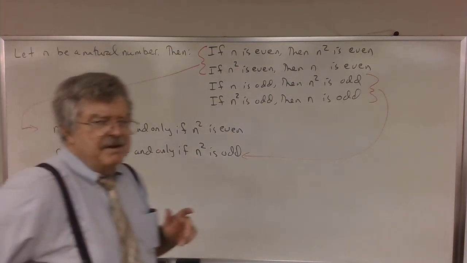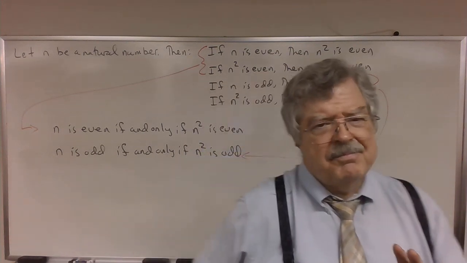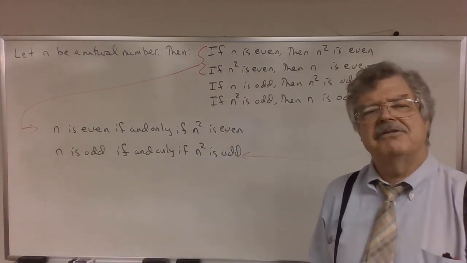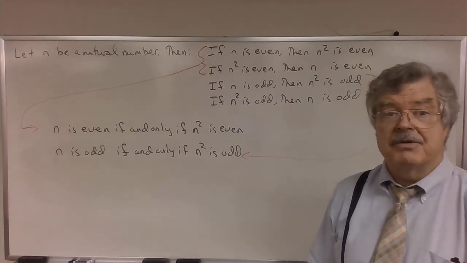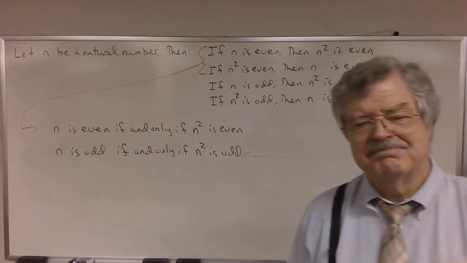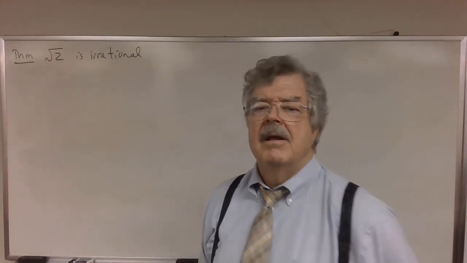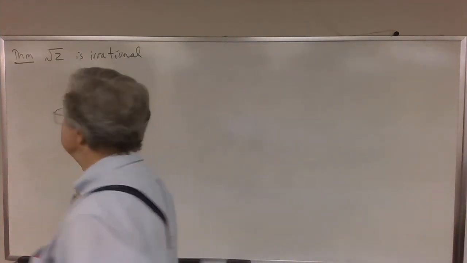Now, maybe we didn't need to do all of this, but we needed some of it for our next proof. It's the proof where we show that the square root of 2 is irrational. Okay, here's our proof.